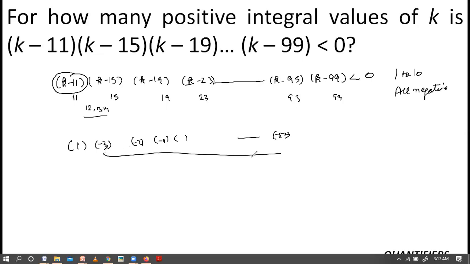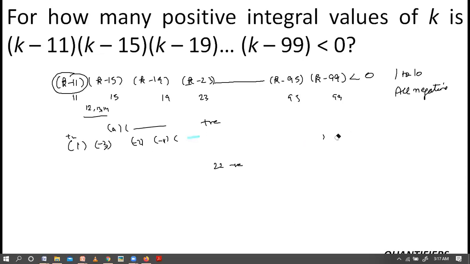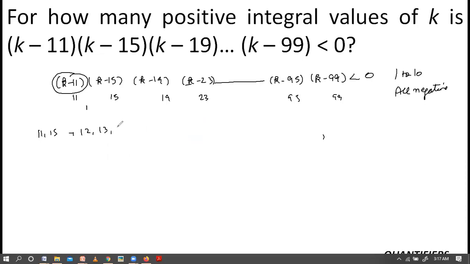So basically 22 brackets are negative. So if there are 22 negative terms getting multiplied, my result is going to be positive. This is already positive. So overall output is positive, right? So basically for the terms between 11 to 15, which means for 12, 13, 14, this result is positive. Okay, so these values are not needed.